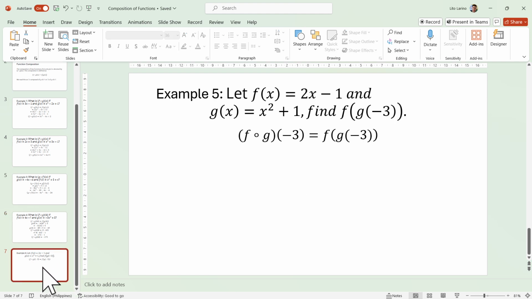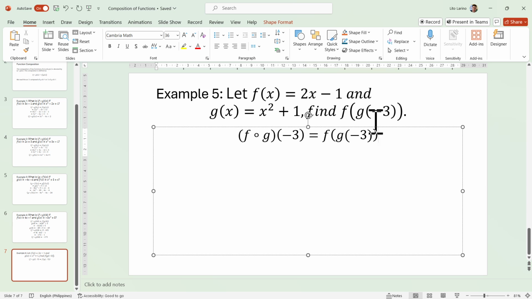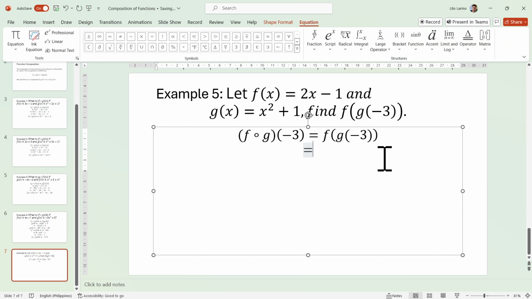Let us have our last example. Let f of x equal 2x minus 1 and g of x equal x squared plus 1. Find f of g of negative 3. So we have the same case. Let us first evaluate g of negative 3. So let me write it down: g of negative 3 is equal to, the expression for g of x is x squared.